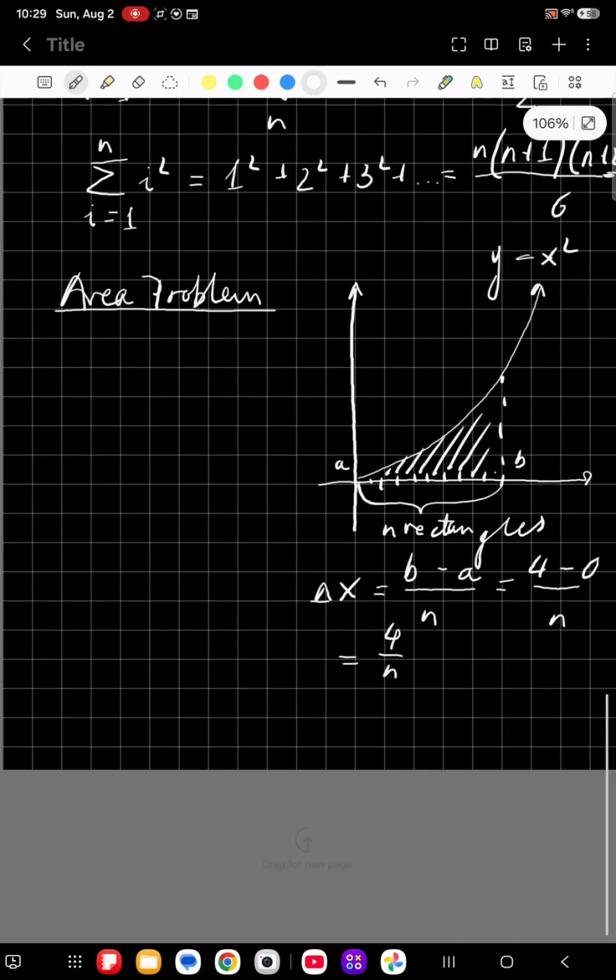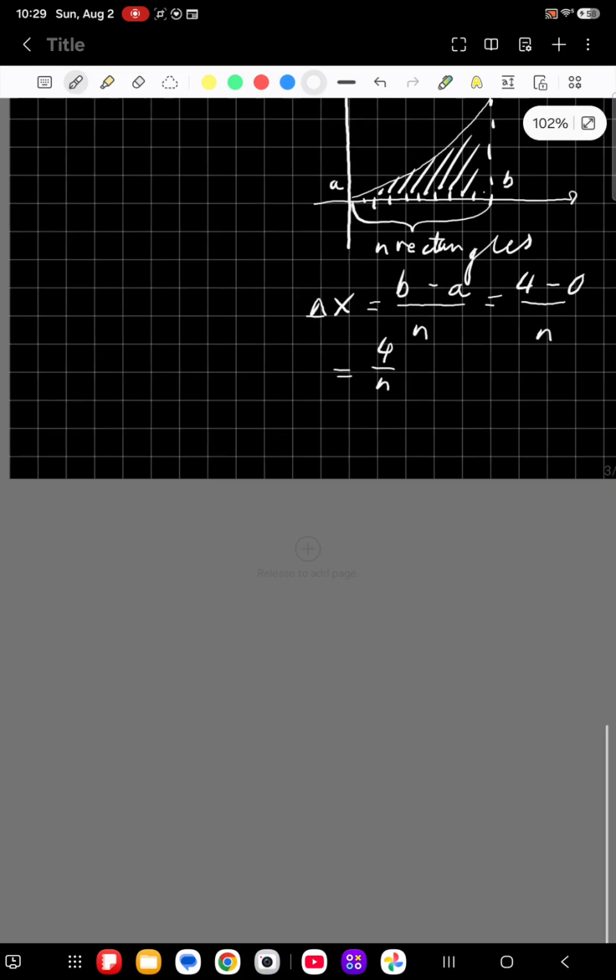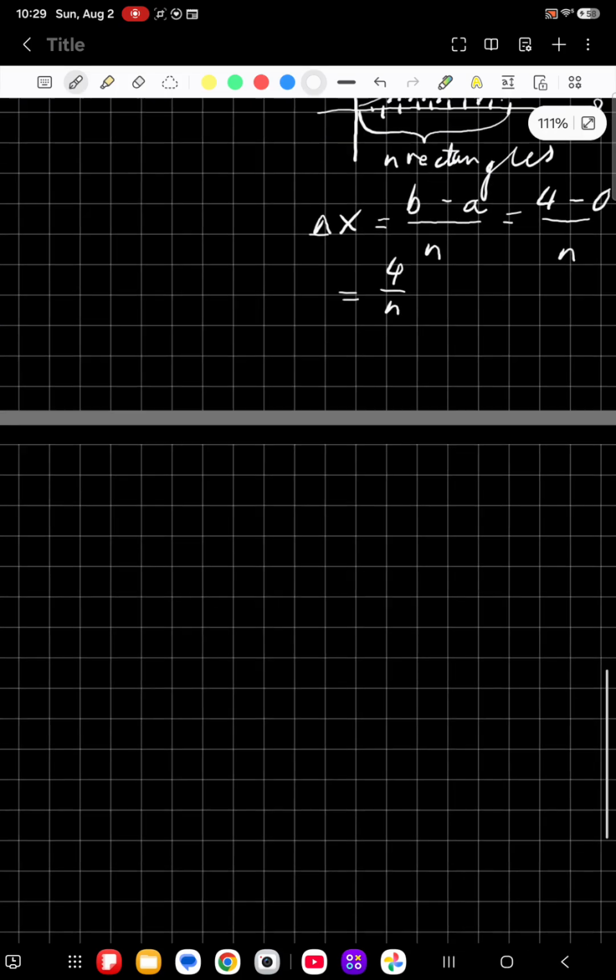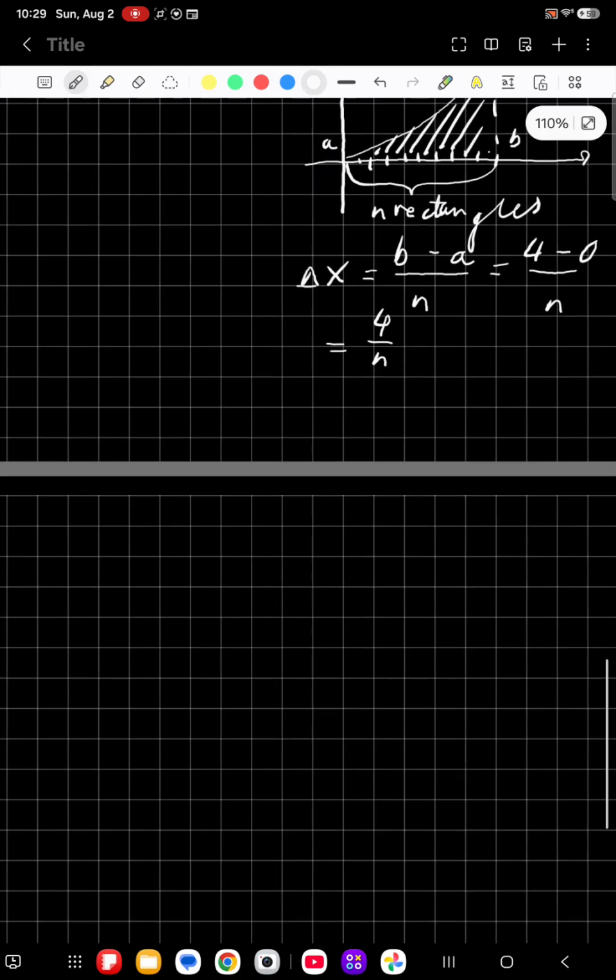Okay, so far so good, I hope. Now let's go back to the formula we had for that area. Let me write it here. That area was delta x times the sum, where I'm adding F of 1.